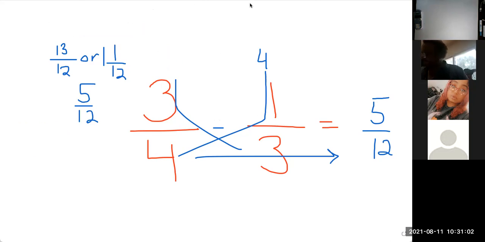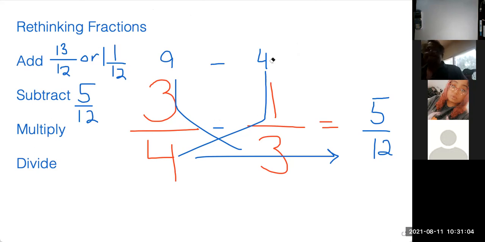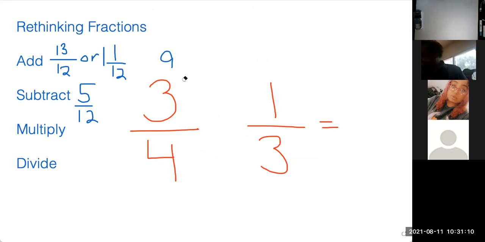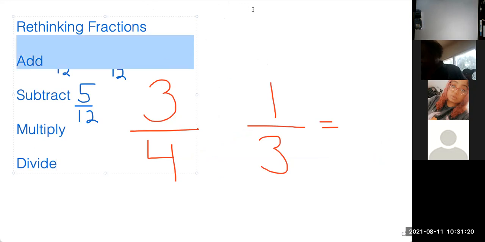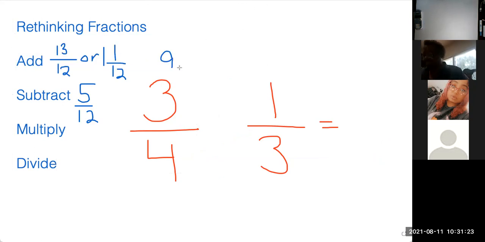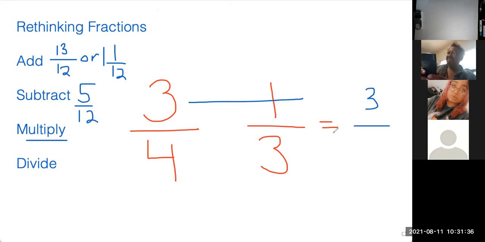Next, if we were multiplying straight across, 3, straight across is 12.